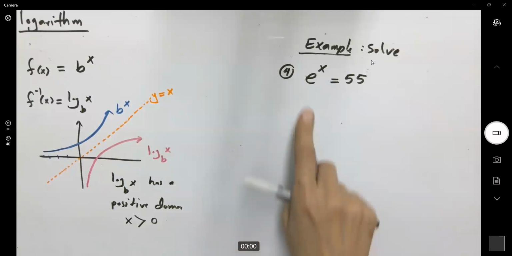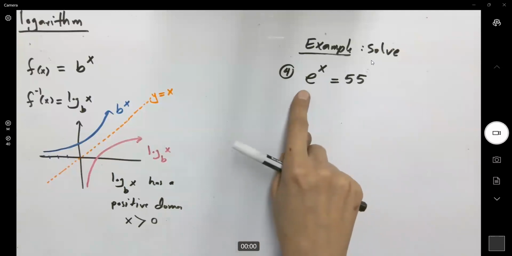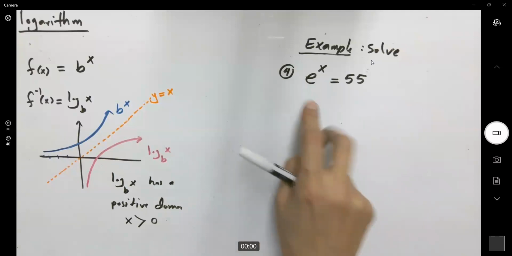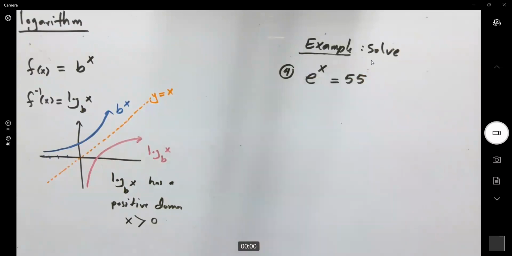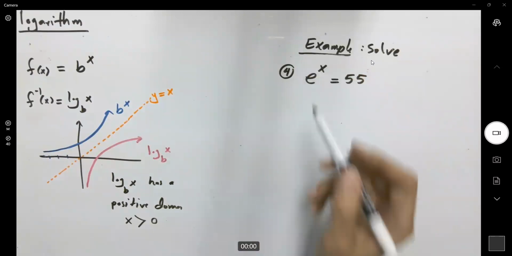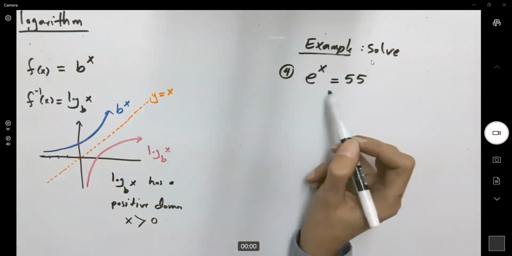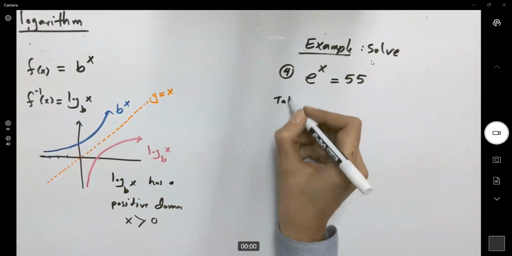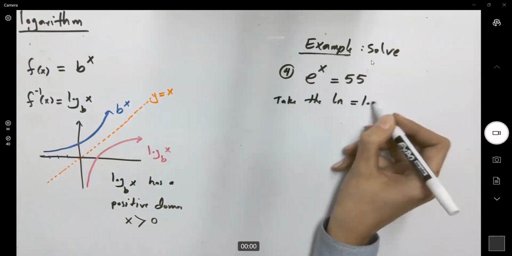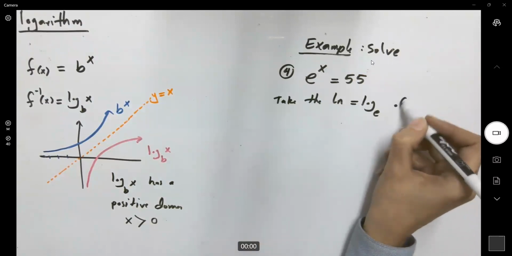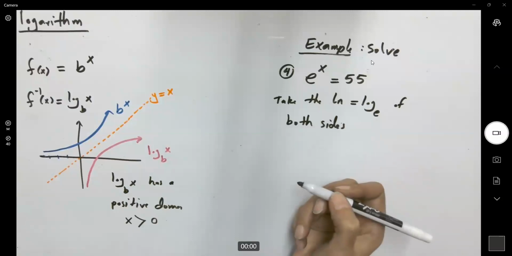I'm going to use the properties of the exponential function and its inverse to solve for this exponent x. But how? Here, you can take the ln of both sides. Take the ln, which is log with base e, of both sides.